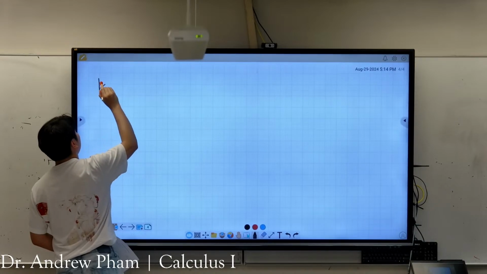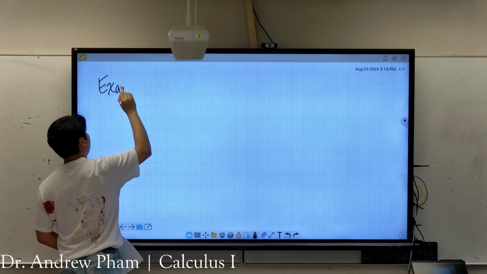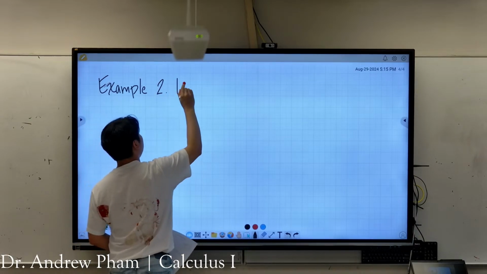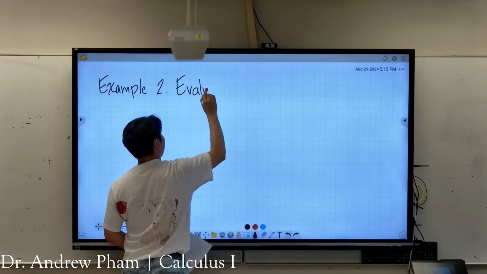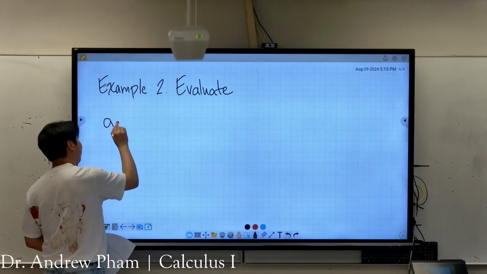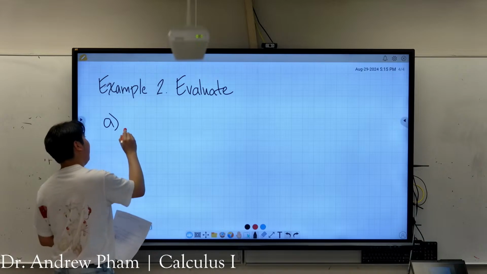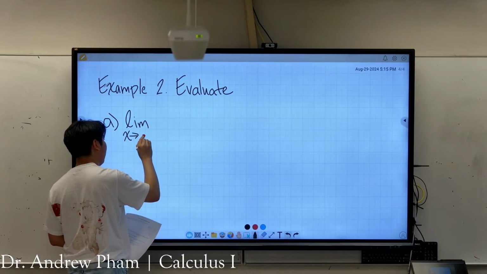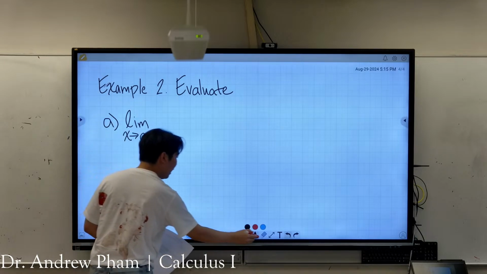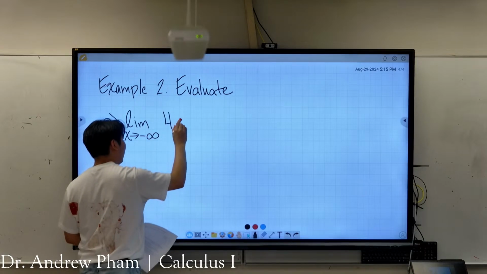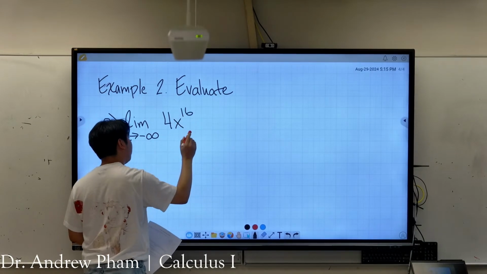Example 2. Same instructions as per usual, evaluate. Part A. Well, let's start off with the limit as x approaches infinity. Let's do negative infinity while we're at it, actually. 4x to the 16th power.